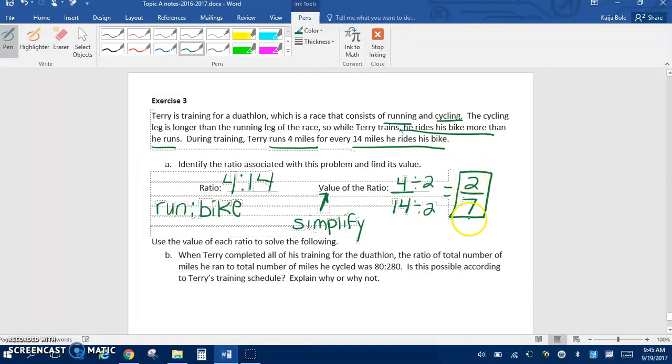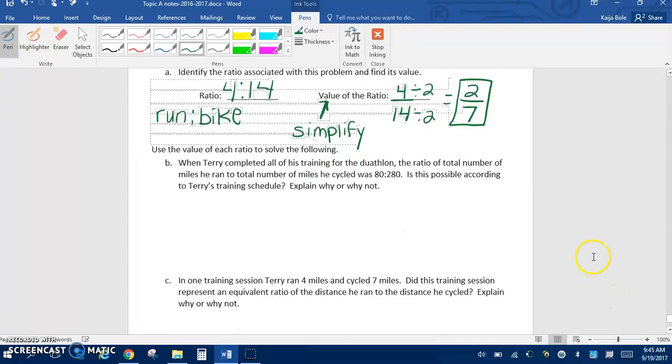Alright, so then the next example says, use the value of each ratio to solve the following. When Terry completed all of his training for the duathlon, the ratio of the total number of miles he ran to the total number of miles he cycled was 80 to 280. Is this possible according to Terry's training schedule? Why or why not?